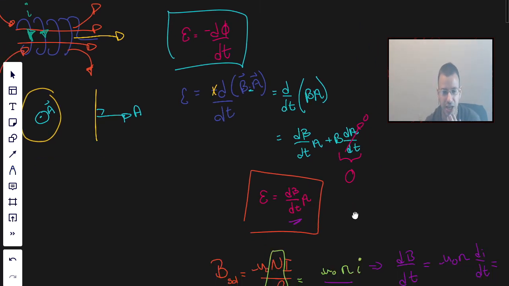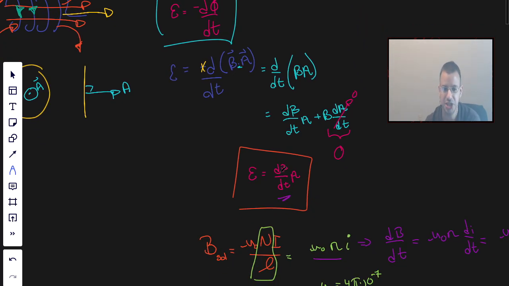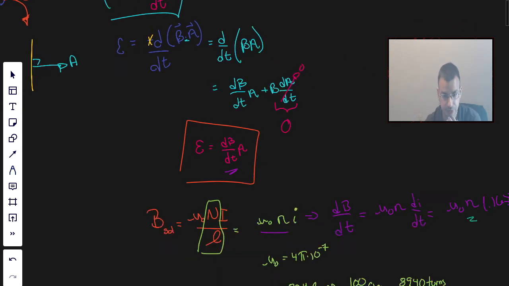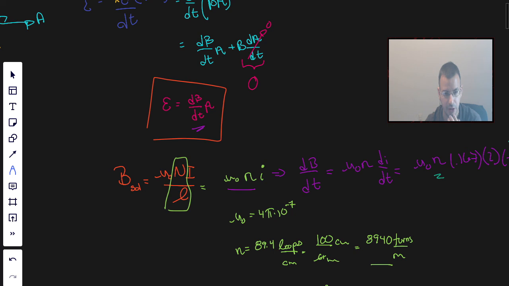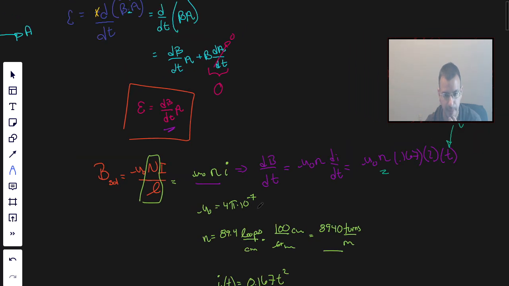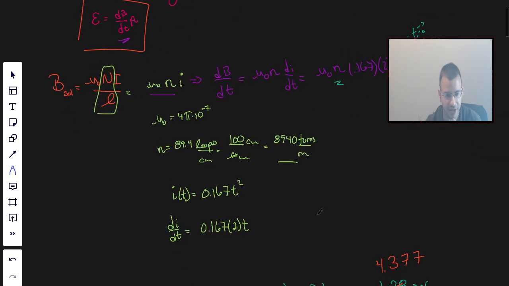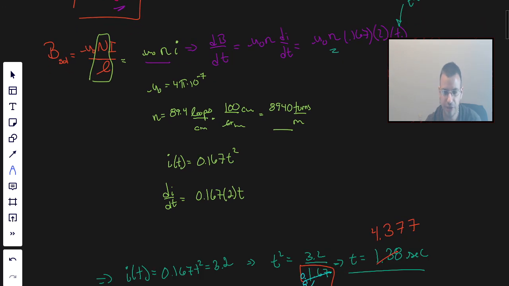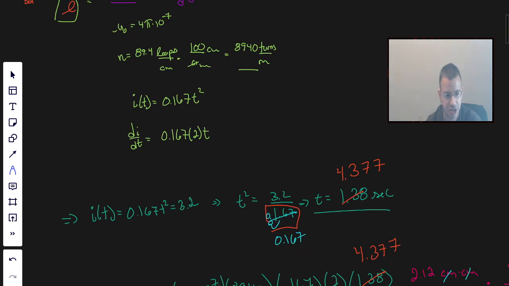We went through the simplifications, and we got that the voltage is going to be the change in magnetic field with respect to time times area. And that's the area of the inner loop, which is concentric and the same size as the outer loop, as they said in the problem. So then we did a bunch of math. We found a value for time, given what they gave us for initial conditions.